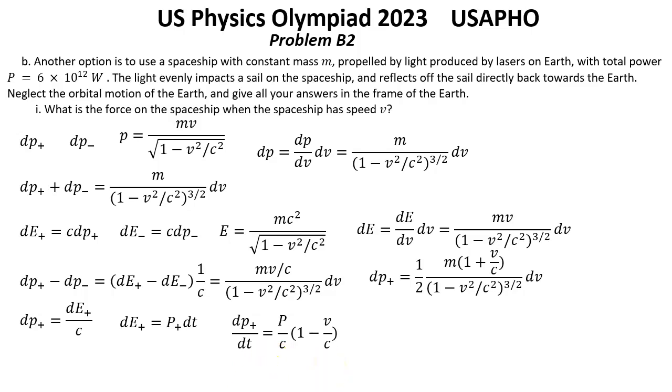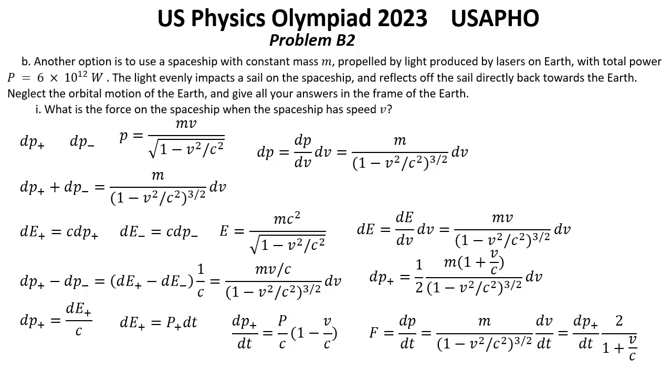Now let's write the expression for the force. By definition, force equals delta p of our ship over delta t, which is this expression, and using the expression for delta p over delta t, which is this one, we can rewrite the force in this form, and the delta p plus over delta t equals this one.